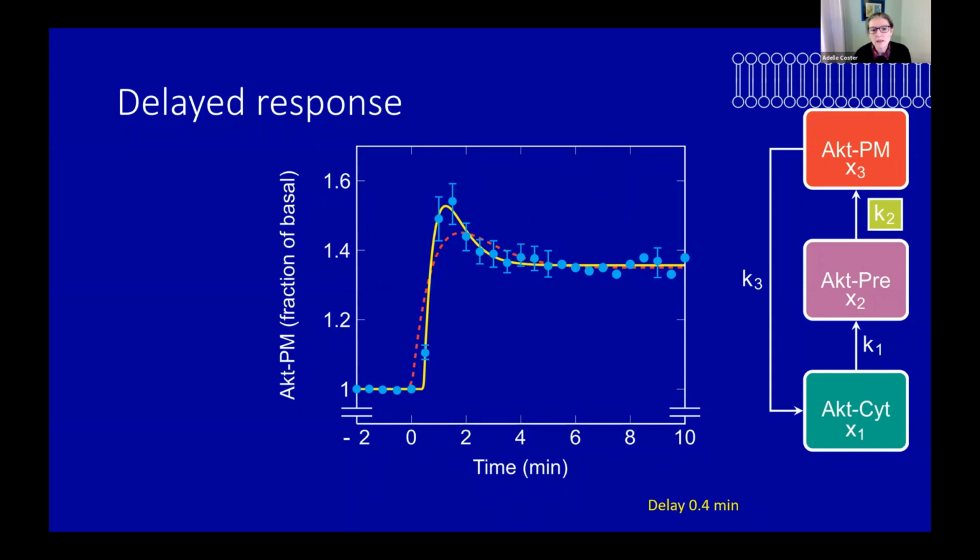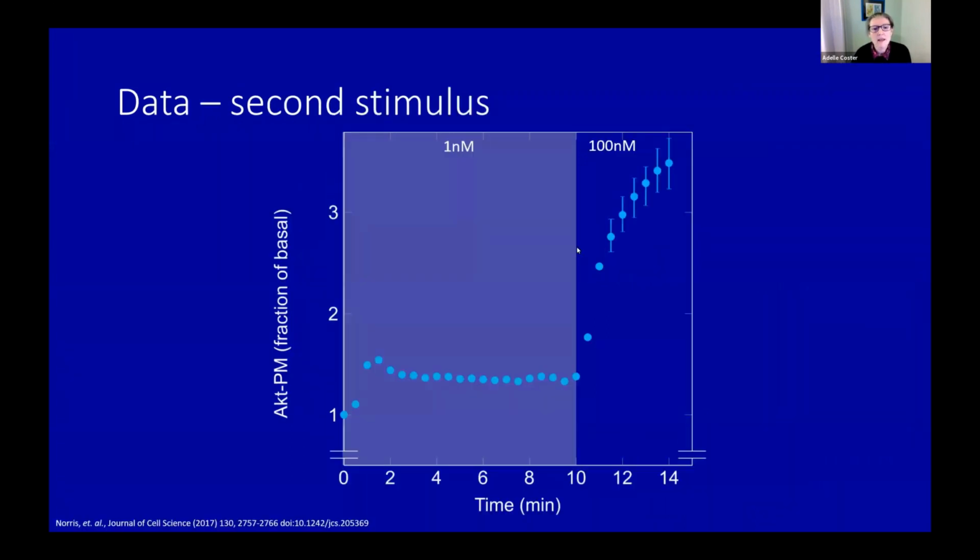What the experimentalists did was actually continue on and do a second stimulus after the physiological 1 nanomolar of insulin. They applied at 10 minutes into the experiment 100 nanomolar of insulin. Now that's well beyond the value that any system would ever see, right? This is seriously overstimulated.